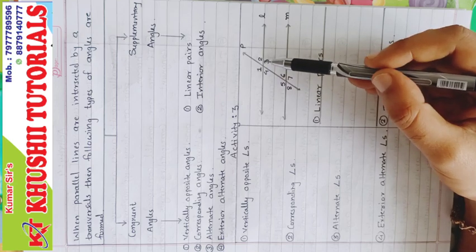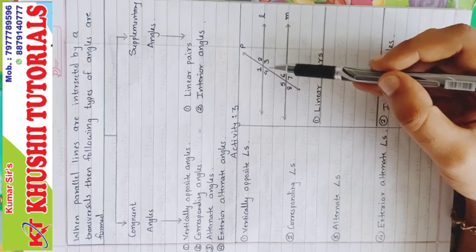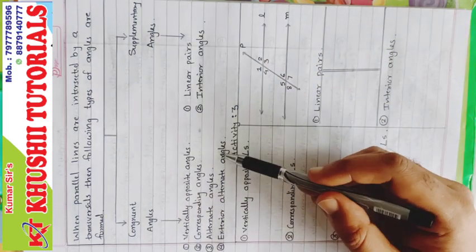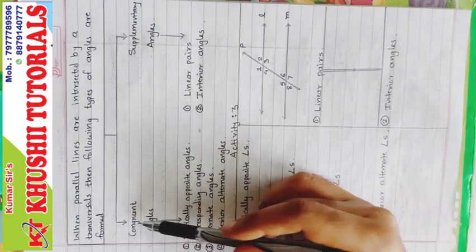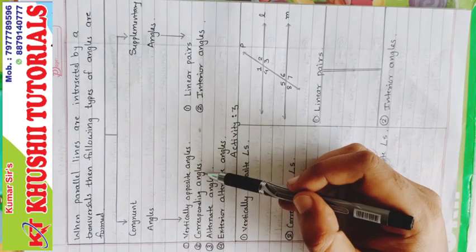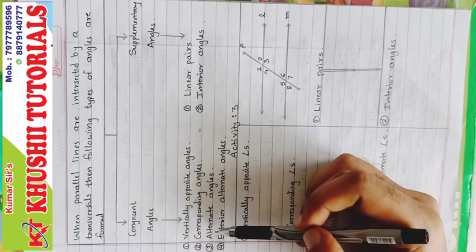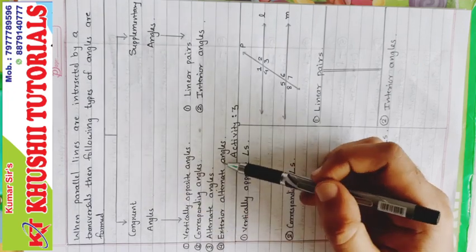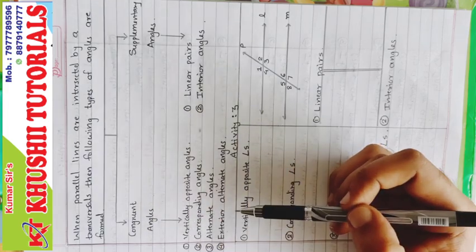So their linear pairs, 3's linear pair is 2 and 5's linear pair is 8. So 2 and 8 are exterior alternate angles. These all are congruent. Vertically opposite angles are congruent. Corresponding angles between parallel lines are congruent. Alternate angles between parallel lines are congruent, and exterior alternate angles between parallel lines are congruent.